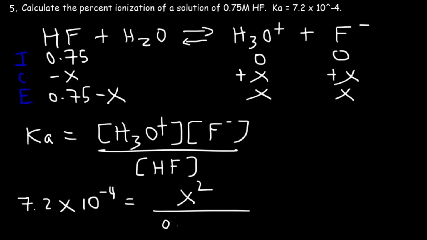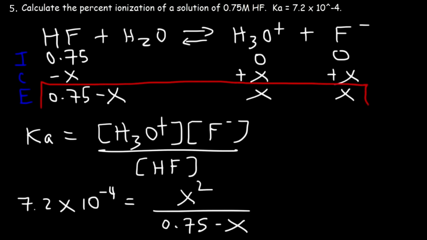And HF is 0.75 minus X. So basically, we're using the values at equilibrium when dealing with K. Now, because Ka is fairly small, we can ignore this X. X is going to be relatively small compared to 0.75.